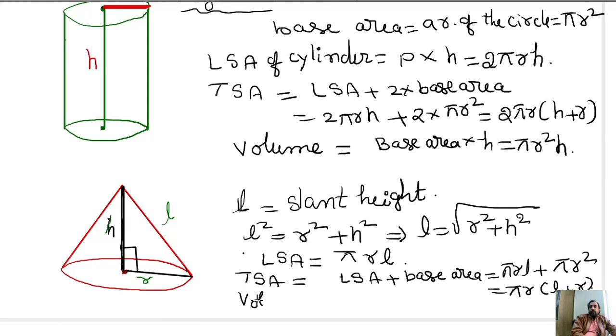Whereas volume is 1 by 3 into the volume of the cylinder, that is 1 by 3 pi r square h. This is about cone.